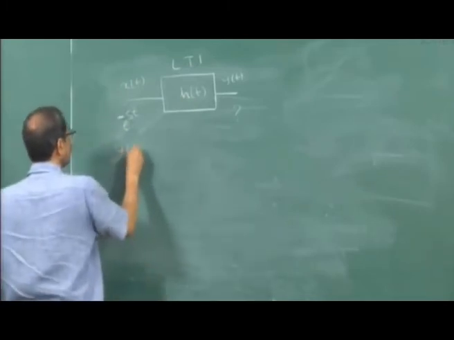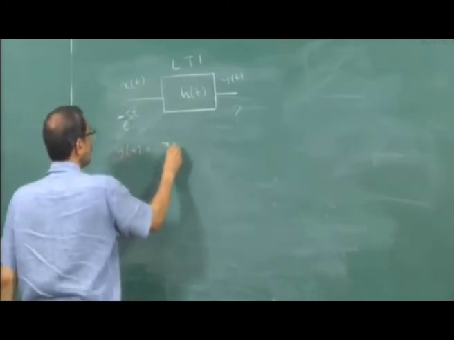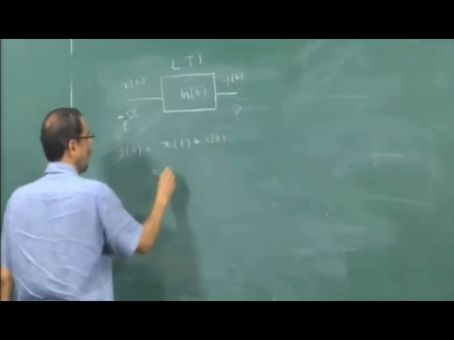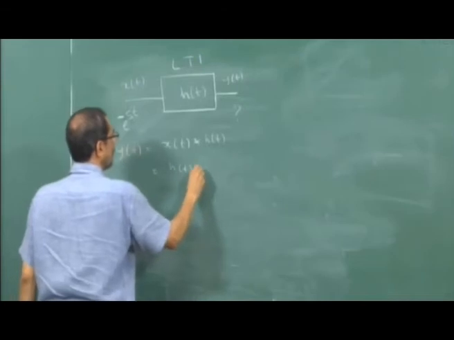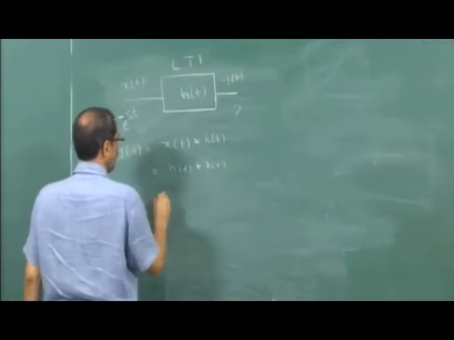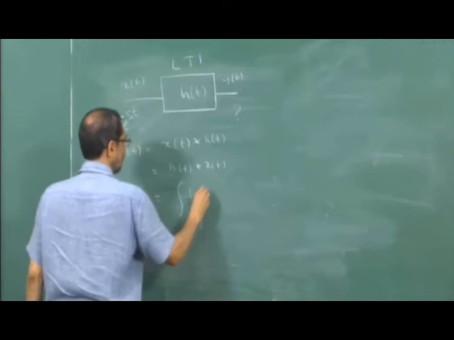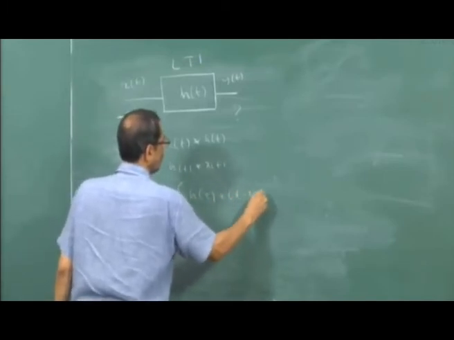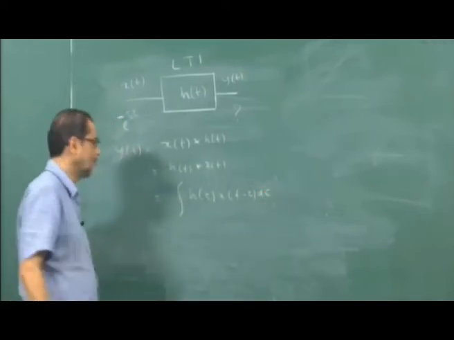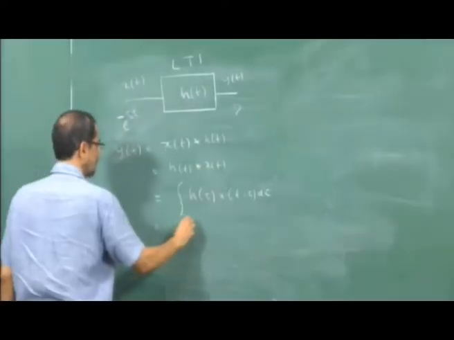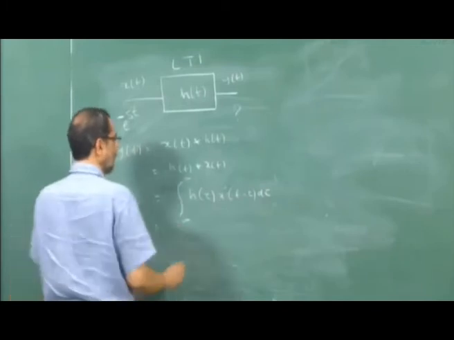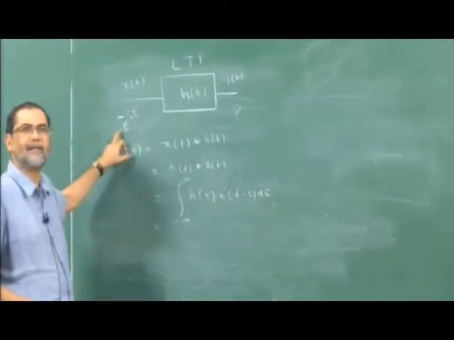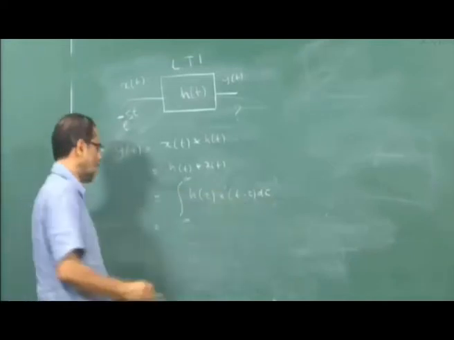So I say, okay, y of t is x of t convolved with h of t, or, since it is commutative, h of t convolved with x of t. So it is the integral of h of tau x of t minus tau d tau, with limits minus to plus infinity, but x of t takes a particular value, e to the power of minus st. So let me substitute for that.